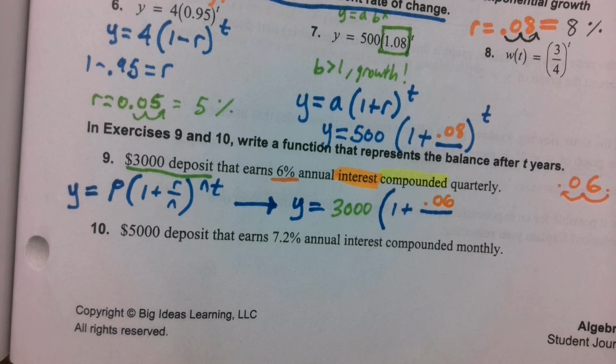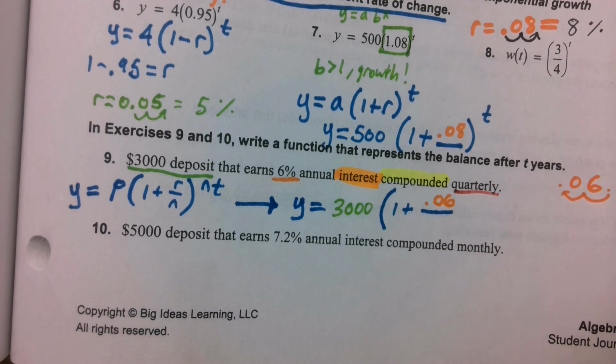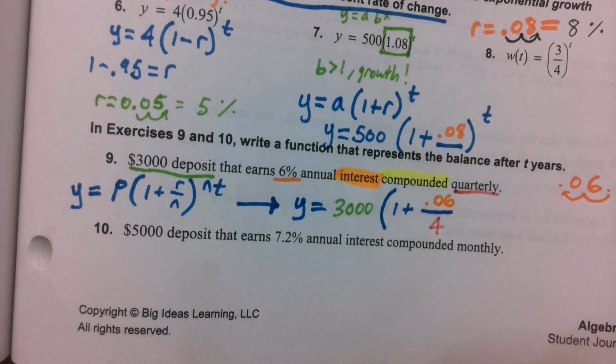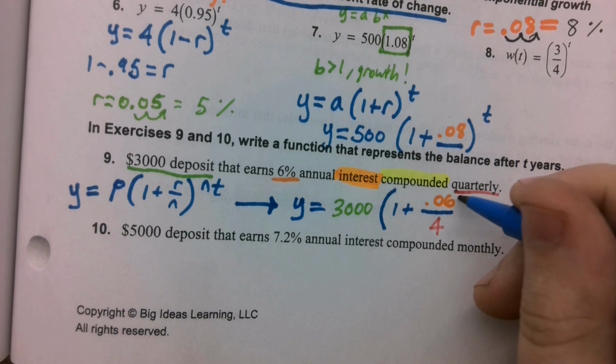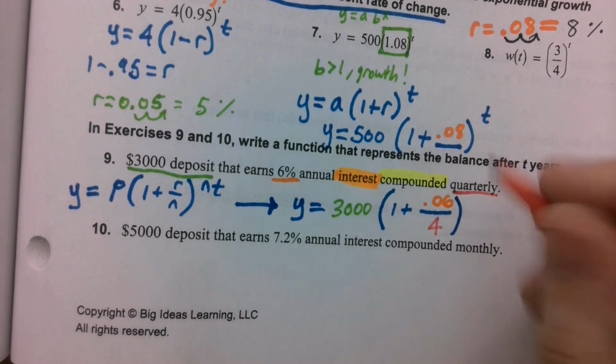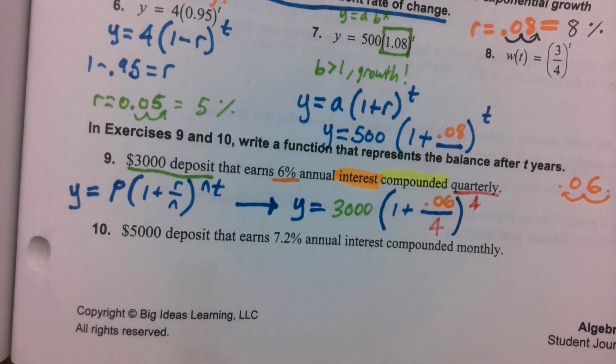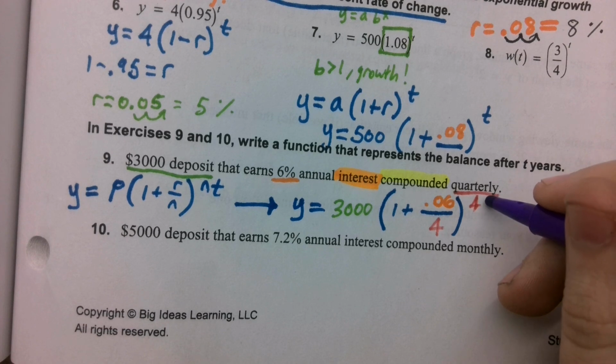Divided by n, well, how many times are we compounding? Quarterly, so 4 times per year. And don't forget, because a lot of people will, n is also up here. It's in 2 places. So that's going to be to the 4t power.